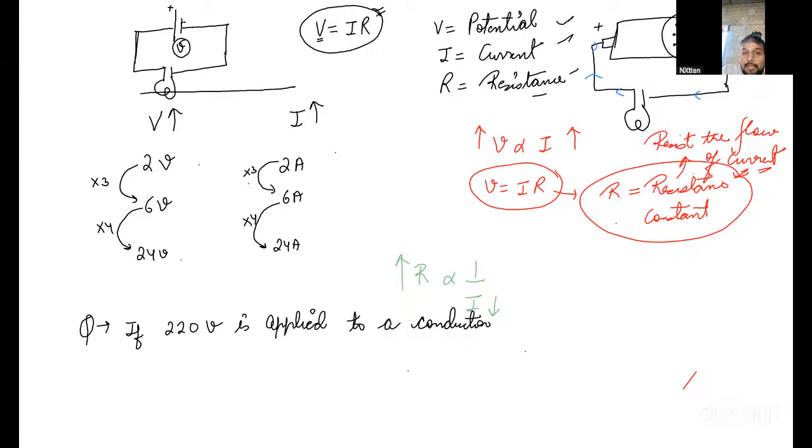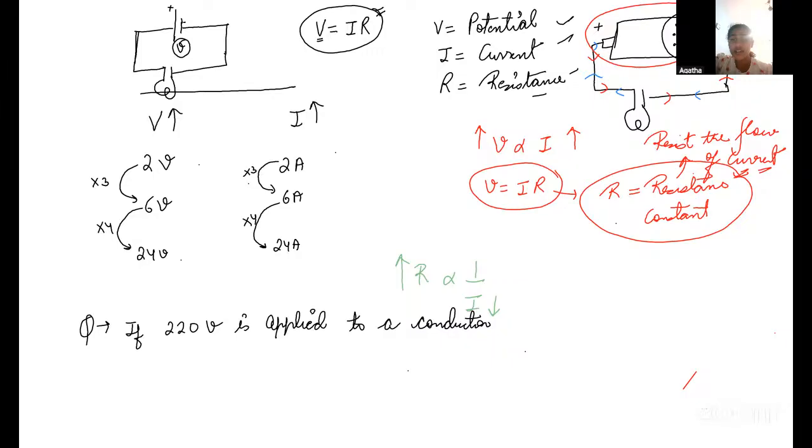When electrons move, there is a flow of electrons, which is electric current. Electric current is taken to move from the positive terminal to the negative terminal. So the battery creates a potential difference, which is called V, and because of it there is a flow of electrons, which is called current.